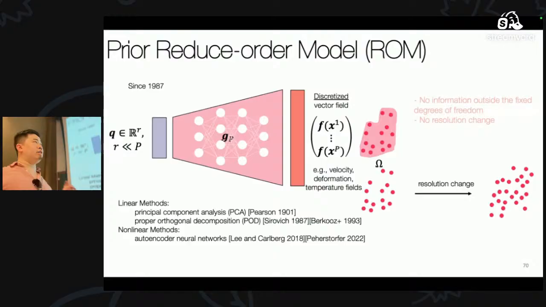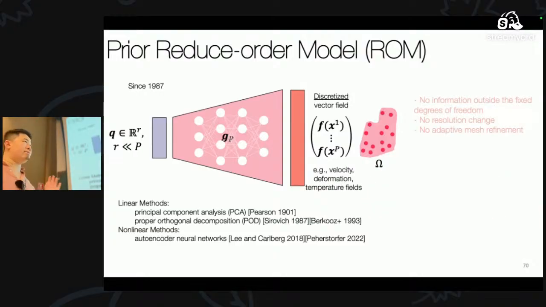It's very difficult to train with data that has different resolutions, or to change the resolution after training. So you can't really do adaptive mesh data, not to mention changing the geometry, and not to mention topology. Let's say I want to punch a hole here, or make a cut here.